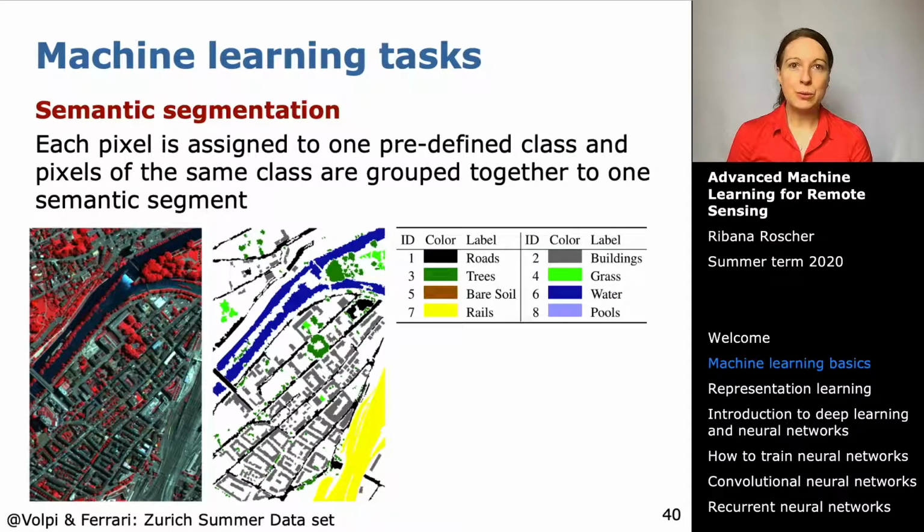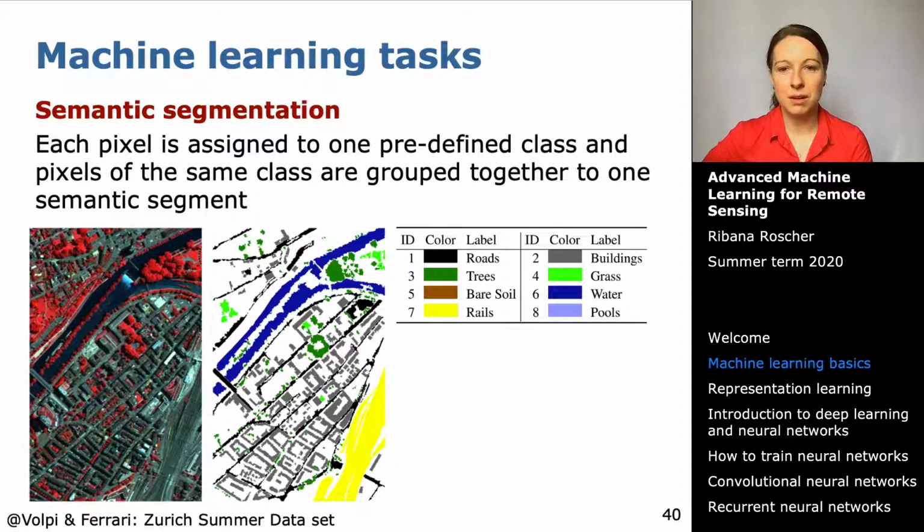And let me show you the difference between all these approaches. So for semantic segmentation, each pixel is assigned to one predefined class, and pixels of the same class are grouped together to one semantic segment.